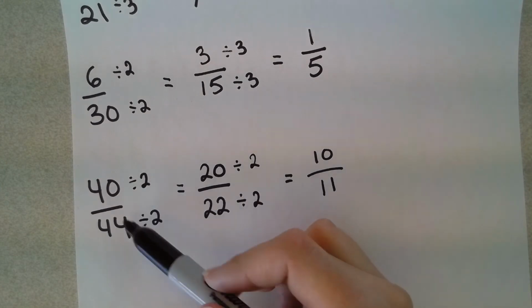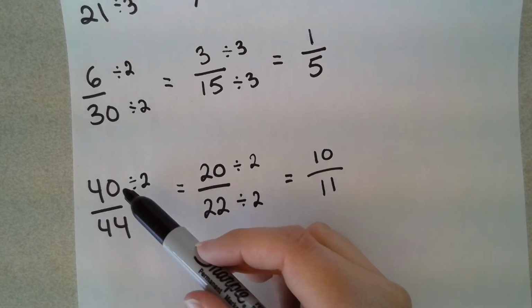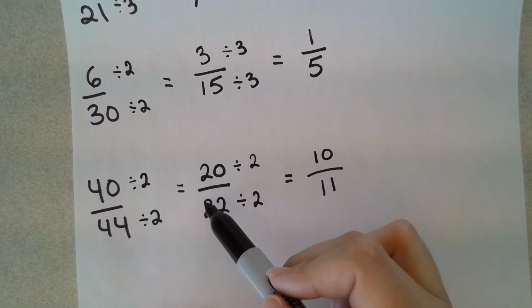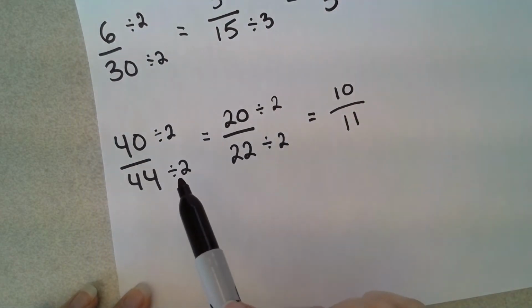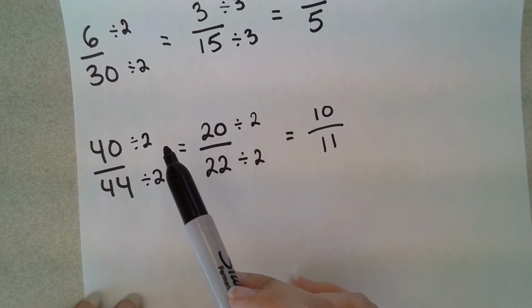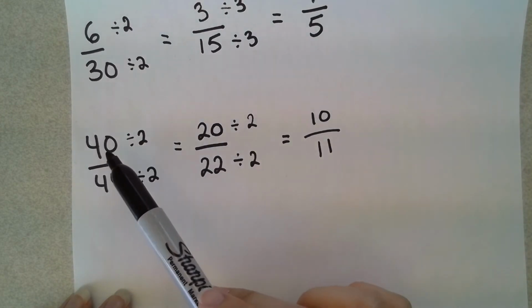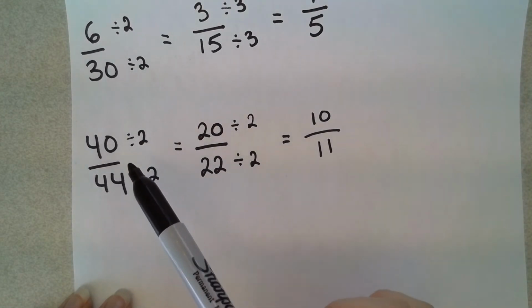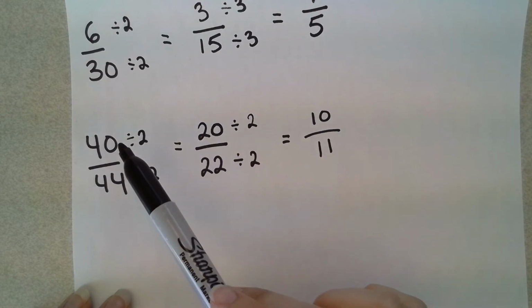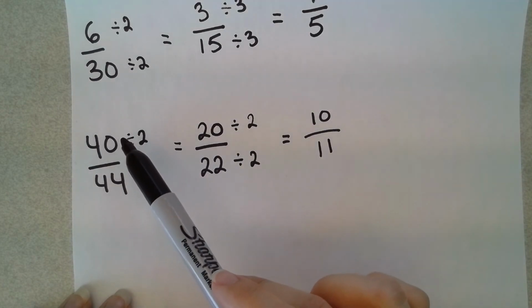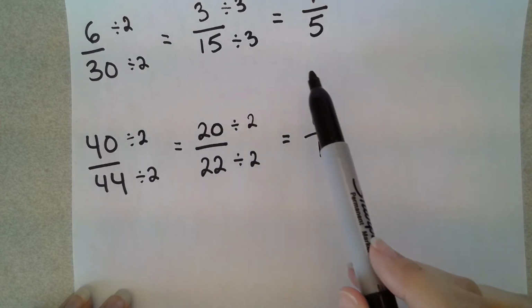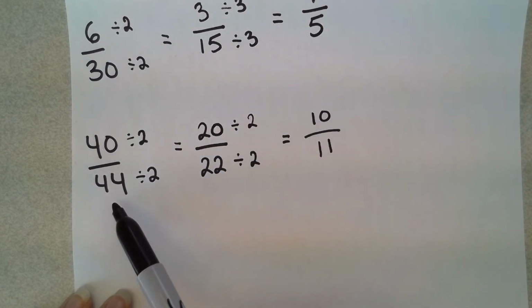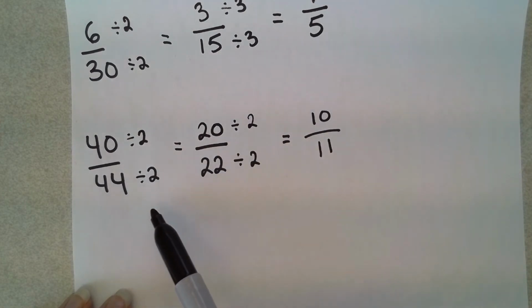Now, of course, there's a higher number that goes into both of these numbers. That would help you skip this step. So I'll show you that right now. We could also do divided by 4, right? So a bit higher number, but 4 goes into 40, and 4 also goes into 44. So 40 divided by 4, that's going to give you 10. 44 divided by 4, that's going to give you 11.